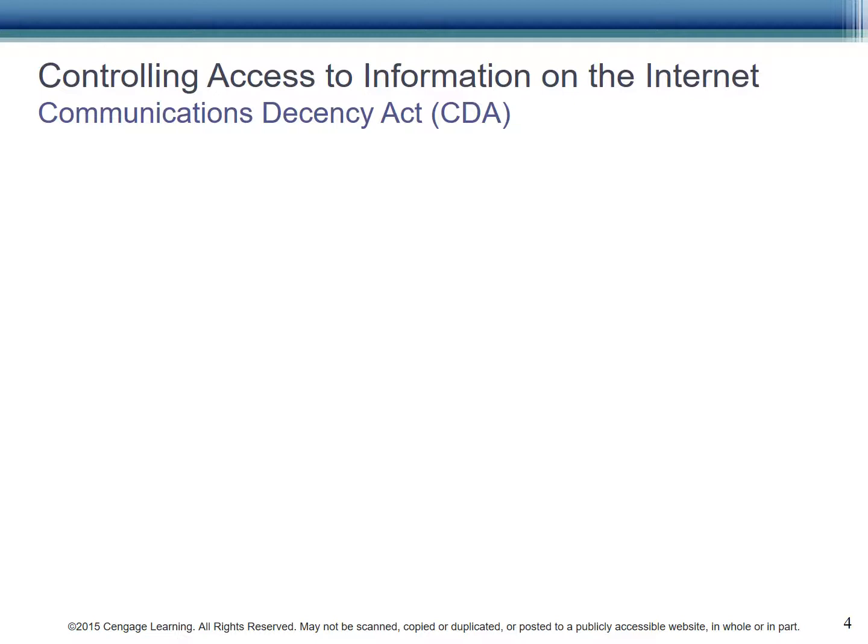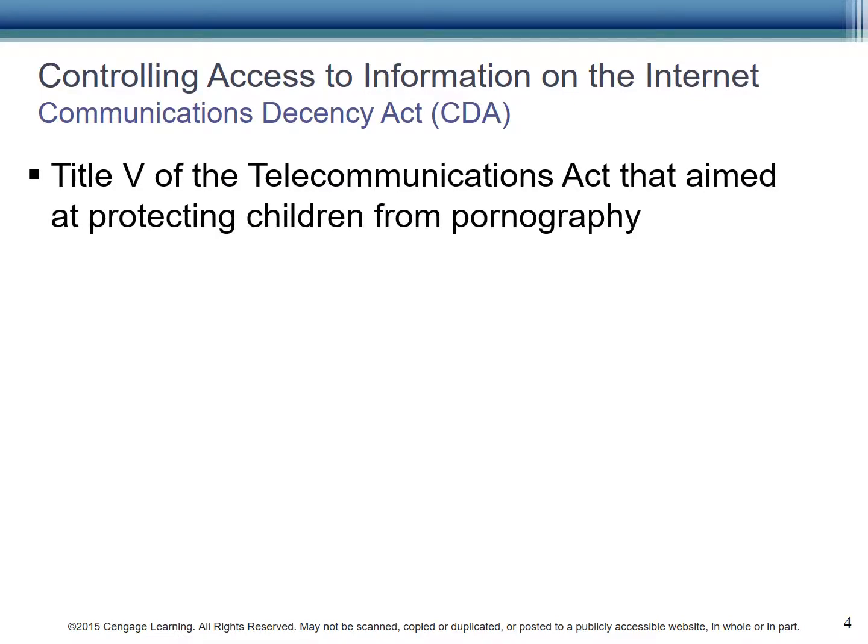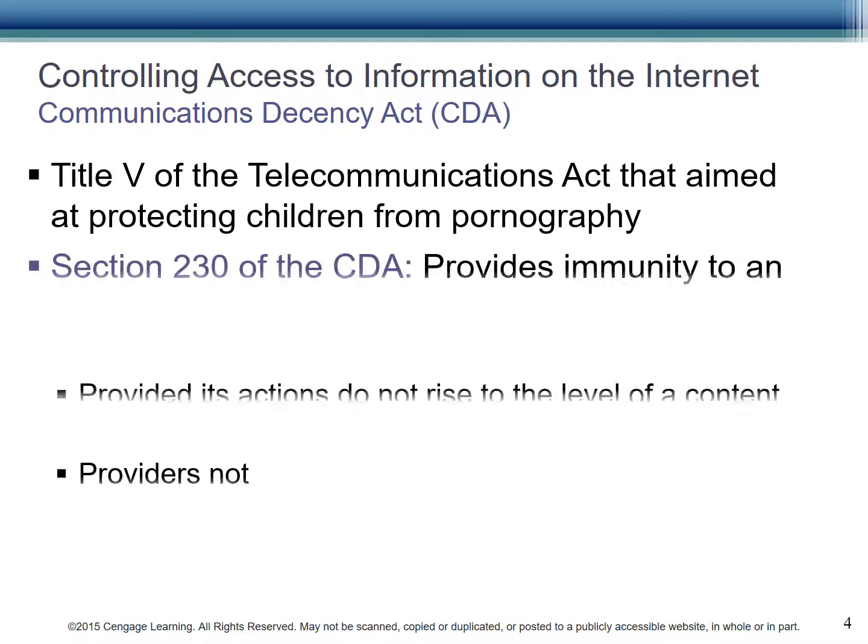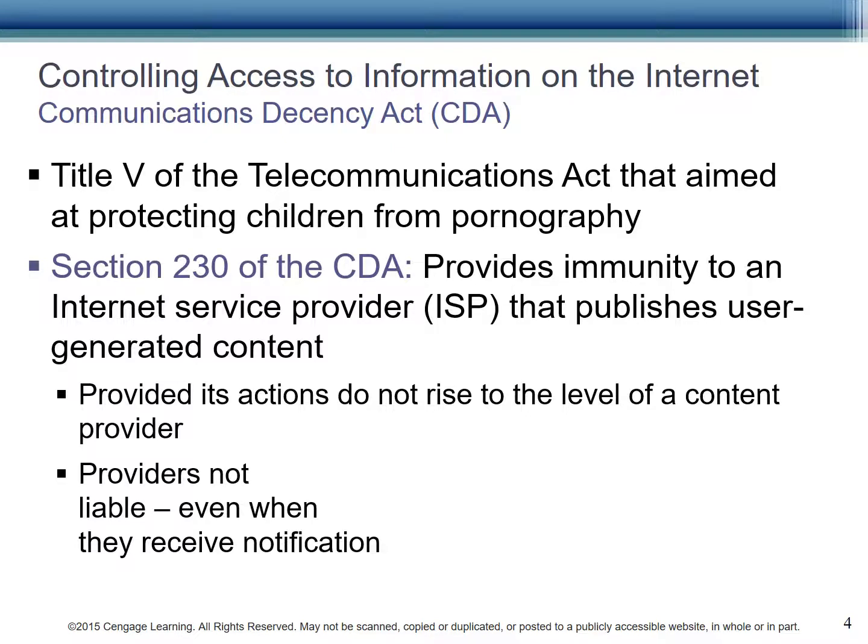The Communications Decency Act is part of Title V. It aims to protect children from pornography. Section 230 provides immunity to providers that may publish user-generated content as long as they are not an editor or providing content.